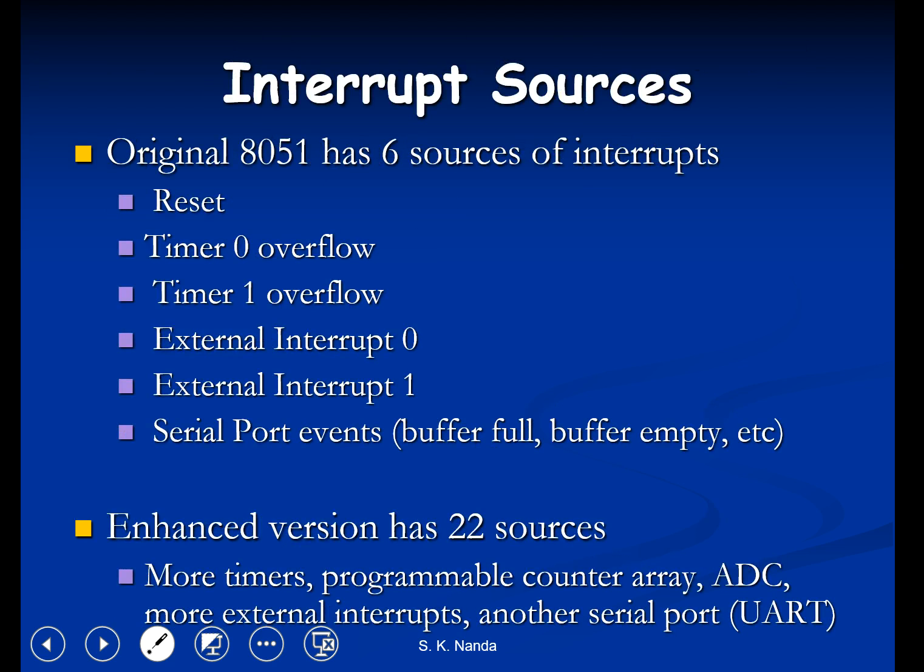Then interrupt sources. The 8051 microcontroller can recognize different events that cause the main program to interrupt from the normal execution. These 5 sources of interrupts are timer 0 overflow interrupt, that is TF0, timer 1 overflow interrupt, that is TF1, external hardware interrupt, that is INT0, external hardware interrupt, that is INT1, serial communication interrupt, that is RI or TI.